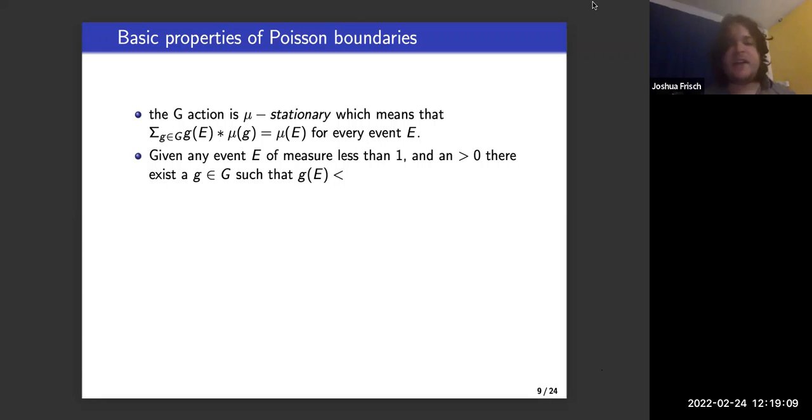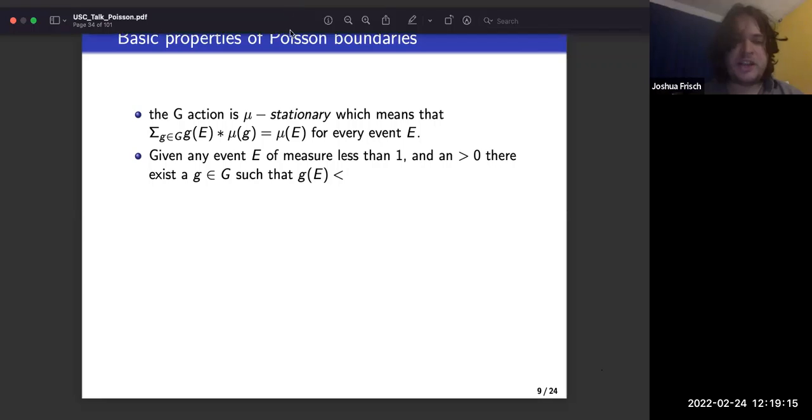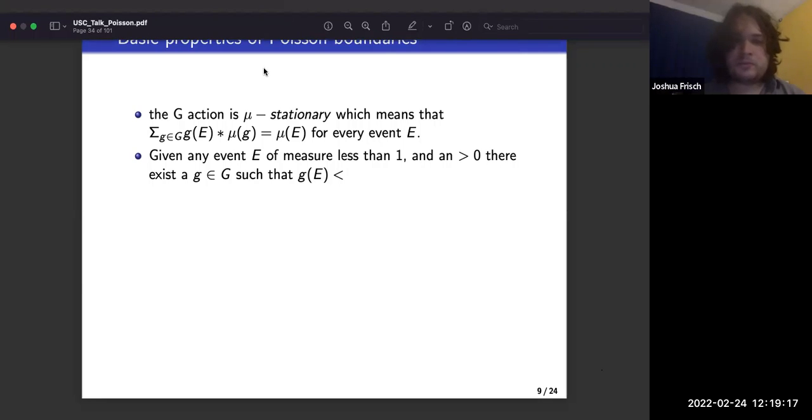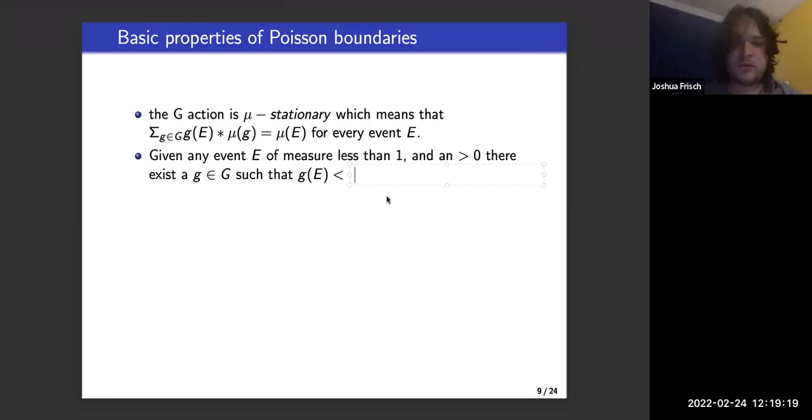And given any event E of measure less than 1 and greater than 0, there exists a g such that I can send any event with non-full measure to measure less than epsilon. So basically, even if I start with something that's very, very likely, I can find some group element where it's not so likely.